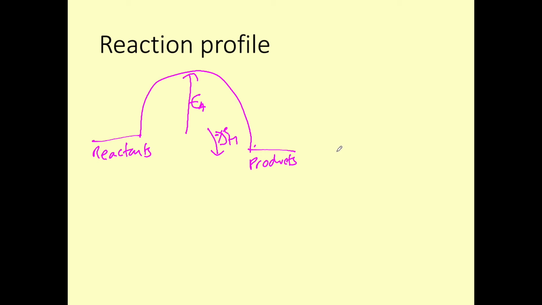So we can be considering that our reaction profile is just going to look like a mirror image, having a different activation energy going in the other direction. However, the energy change is going to be equal but opposite, because we're now moving from the products to the reactants.